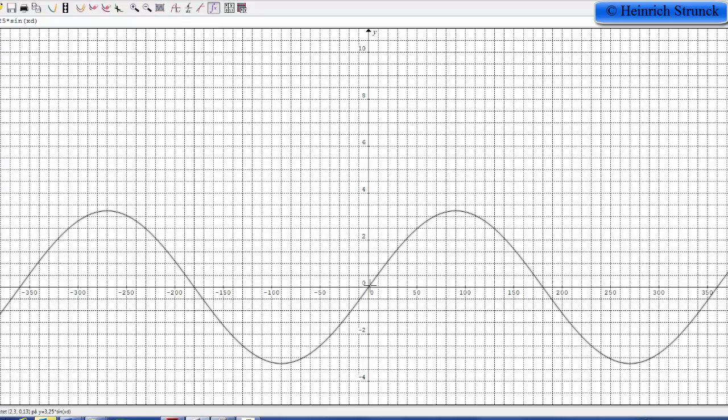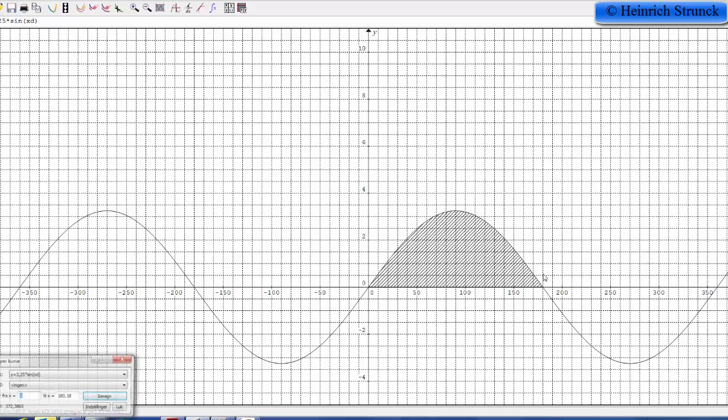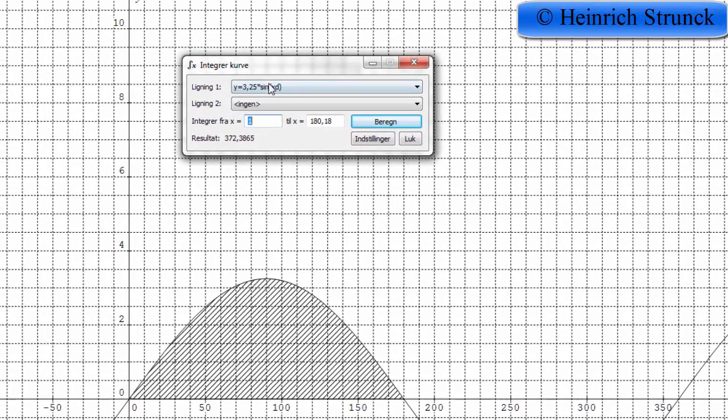So we calculate the area or get help from Graphmatica, and here we can see we want to integrate this formula from the angle of 0 to 180 degrees and calculate. Then we got an area of 372.4159.